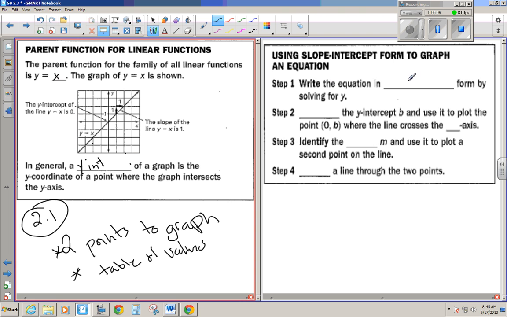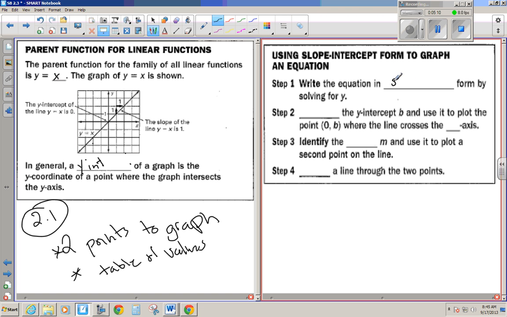Write the equation in slope-intercept form by solving for y. Identify the y-intercept b.